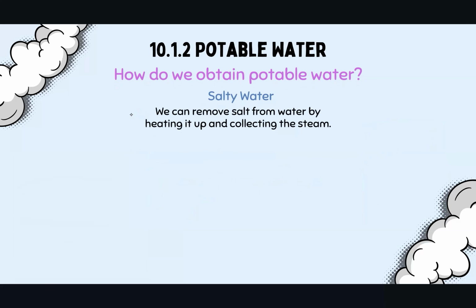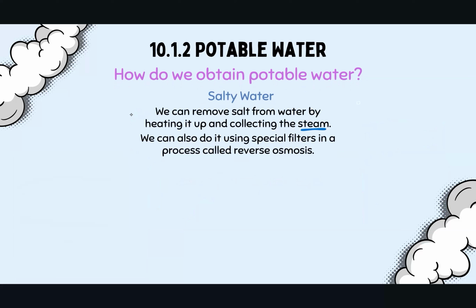So how do you obtain potable water from a salty source? So we can remove salt from the water by heating it up and collecting the steam. So we can use distillation, or we can use the evaporation. We can also use a specific process called reverse osmosis, which is where you've got, for example, lots of water molecules on this side, and you've got your partially permeable membrane, and less water molecules on this side.